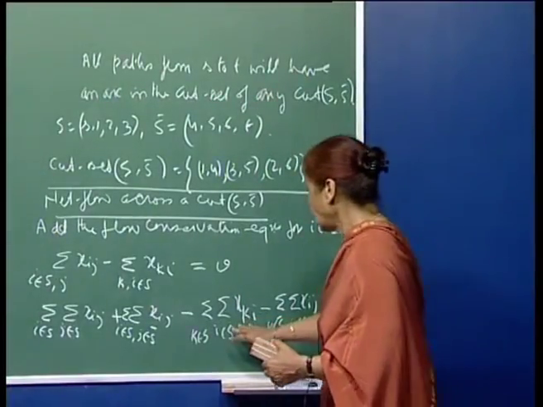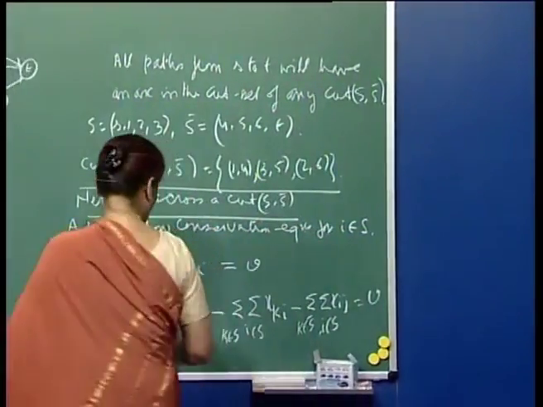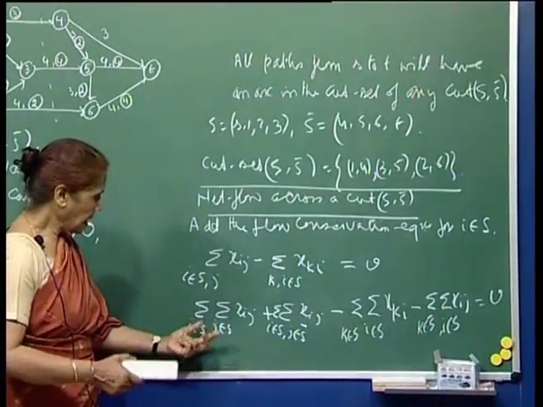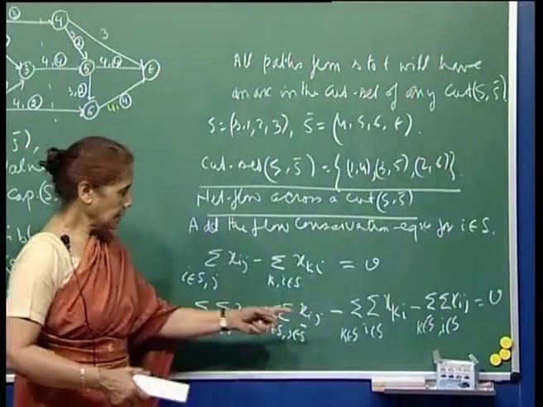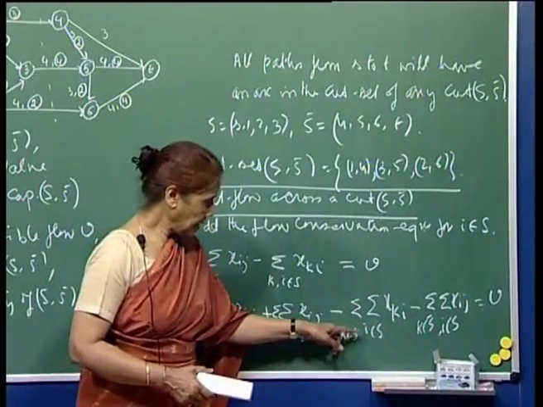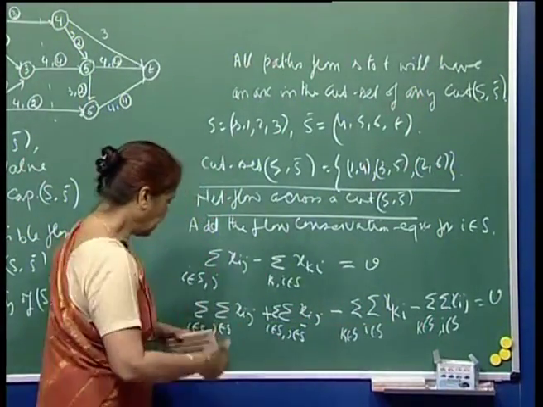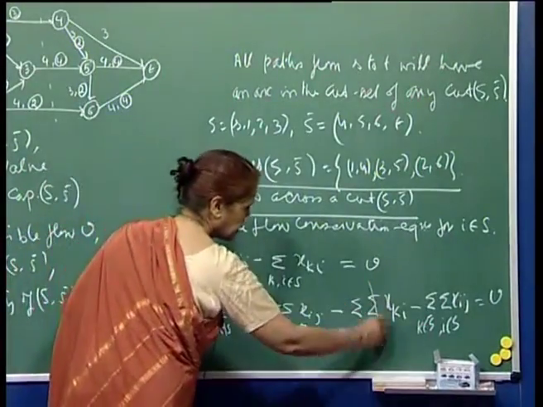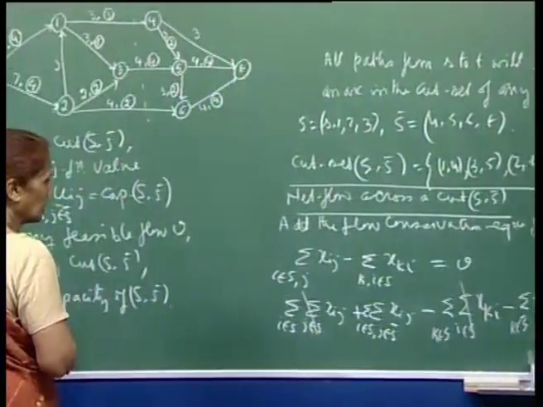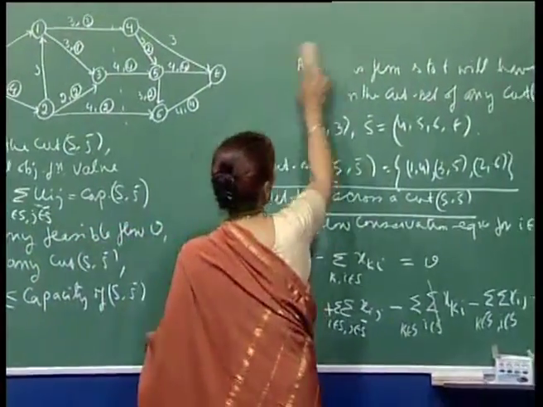Now see here, this and this cancel out, because this is summing up x i j when i and j both are in S, and similarly here you are summing up all x k i where k is in S and i is in S. So these two cancel out, and you are left with the expression, let me just subtract this here.